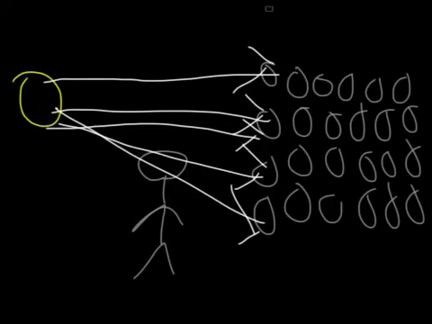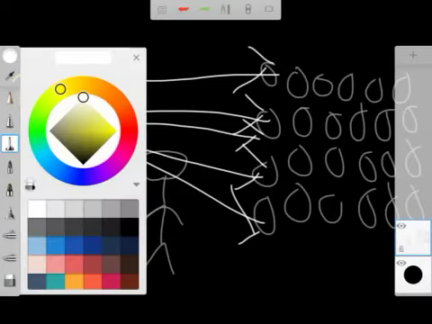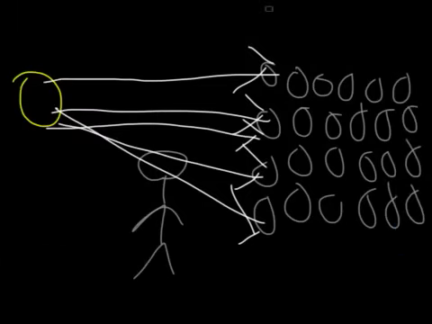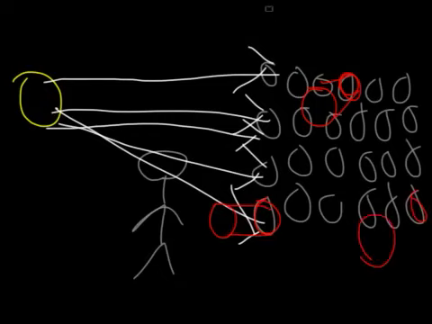So let's say this raindrop is going to have a cone like this. This raindrop is going to have a cone like this. This raindrop is going to have a cone like this. And then this raindrop is going to have a cone like this. And this raindrop is going to have a cone like this.